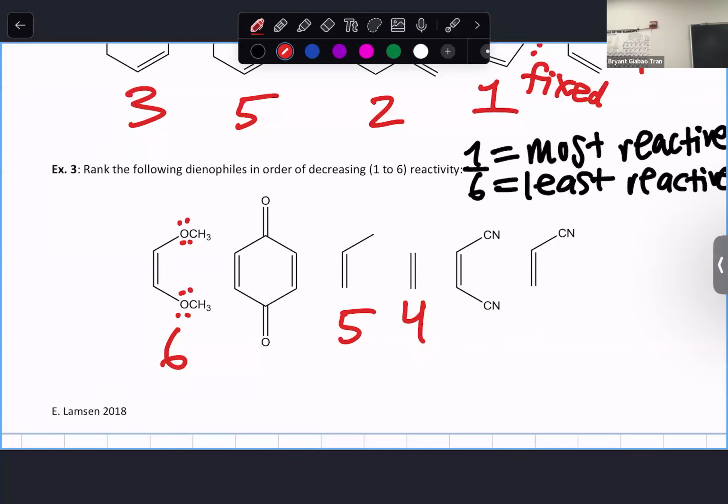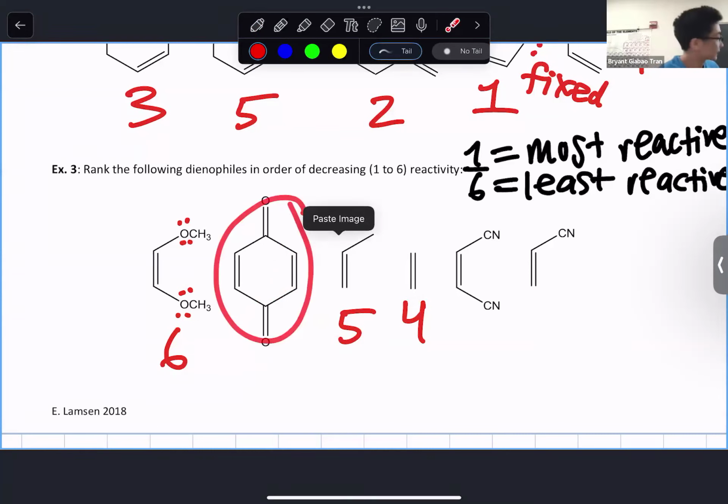Let's look at this dienophile right here. This dienophile here has this EWG and this EWG right here that can withdraw the electrons like that. And here, right? And this is also fixed because it is part of a ring.